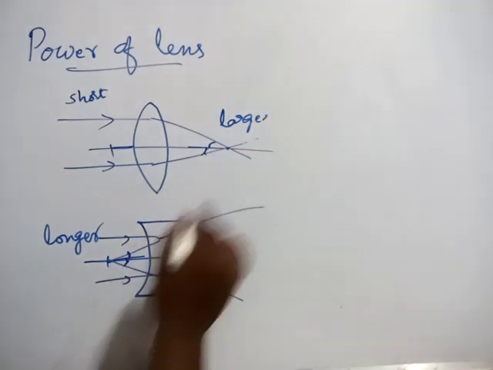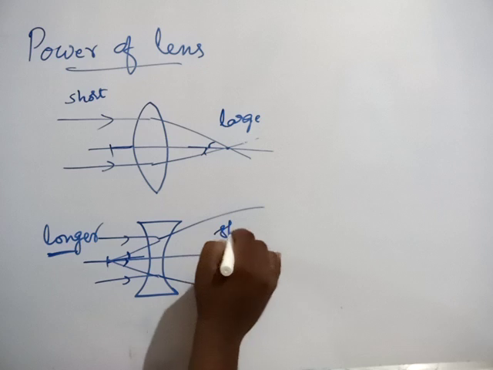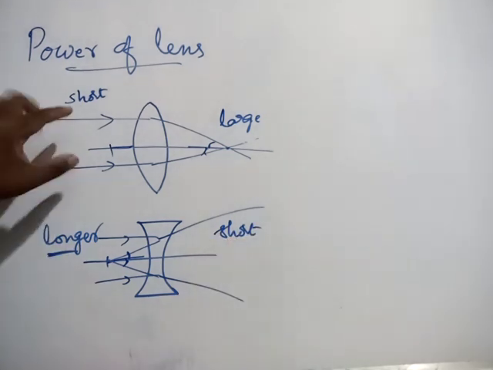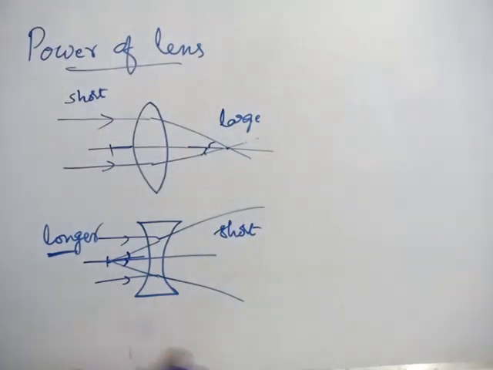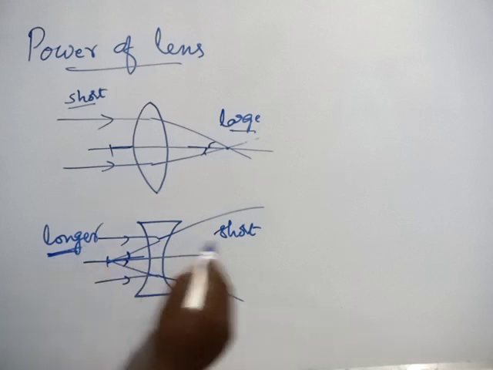Here, longer focal length, short diverging amount. Once again, short focal length, large angle of converging. Here, the longer the focal length, the shorter the diverging capability. Short means large, longer means short.